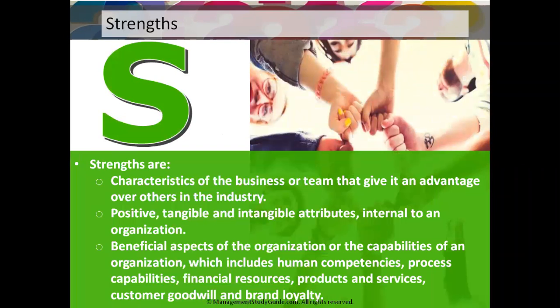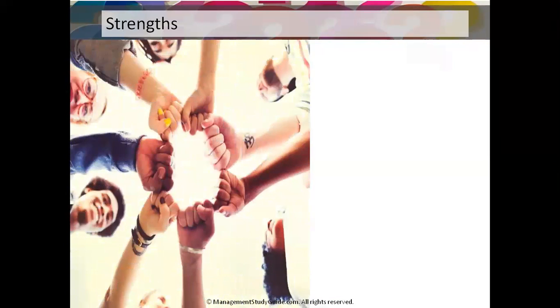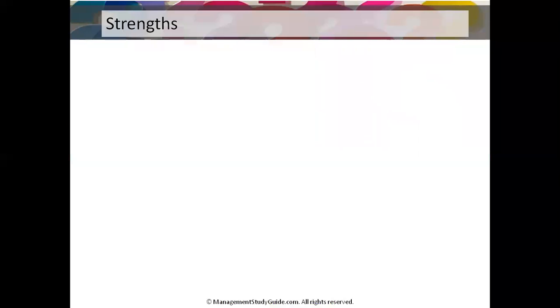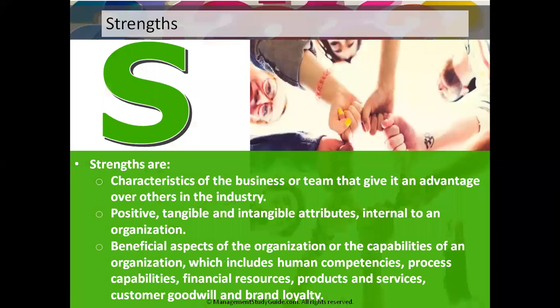We've dealt so much with strengths, weaknesses, opportunities, and threats, and I may have to skip this area, or perhaps let me just run through it. Strengths are characteristics of a business or team that give it an advantage over others in the industry.